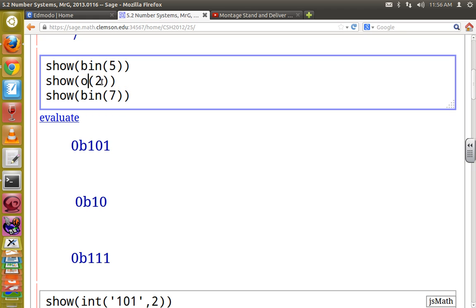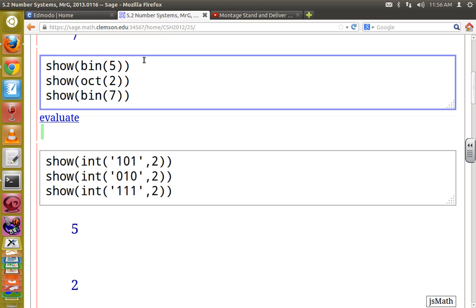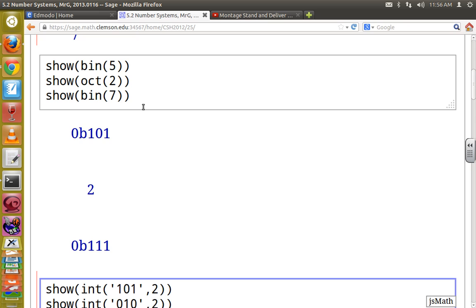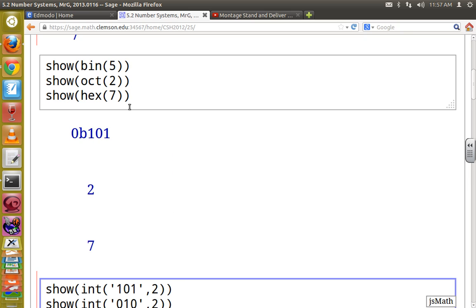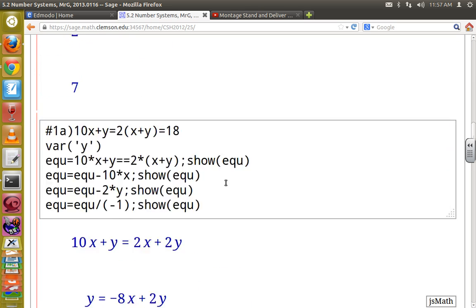Oct of an int gives you an octal integer. Hex of an int gives you a hexadecimal integer. So I can convert from decimal to another base, but only certain ones. I don't have one for base 7, do I?